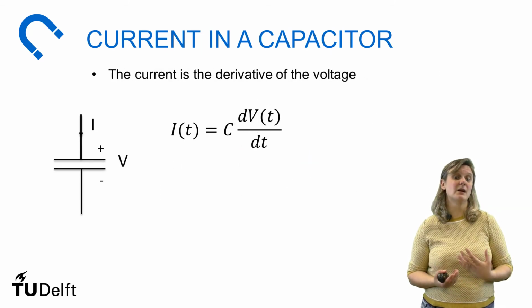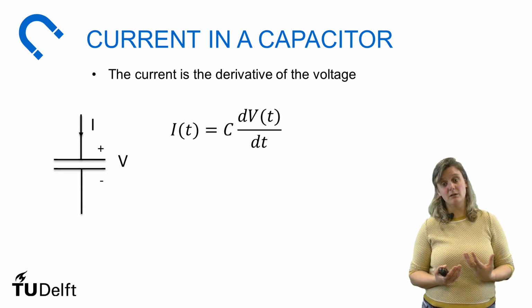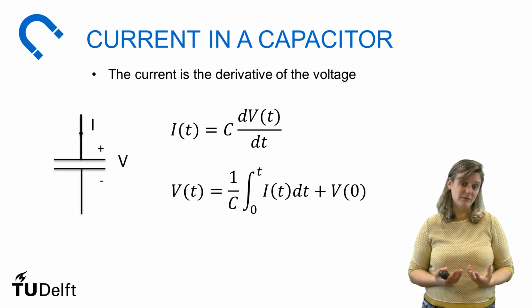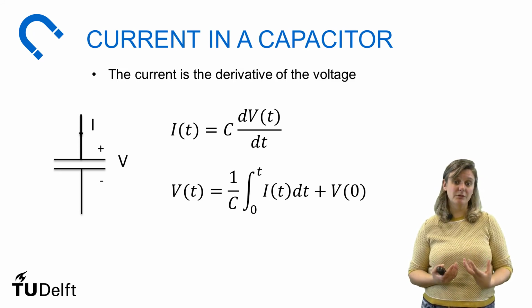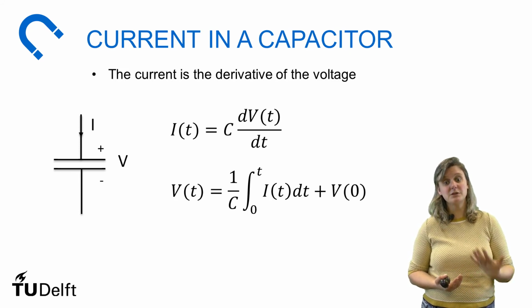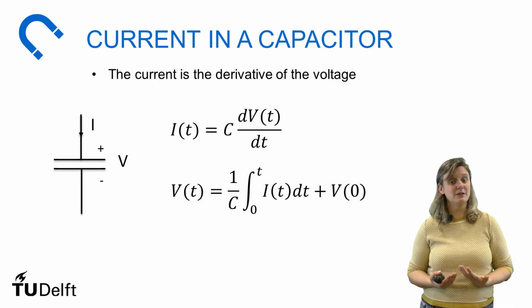Because we know that our current is our capacitance times dV/dt, we can rewrite this to get our voltage. To go from a time derivative to the voltage, we take the integral. So we can go from the current to a voltage by taking the integral and then finding out at every time point what the voltage is over our capacitor while it's either charging or discharging.